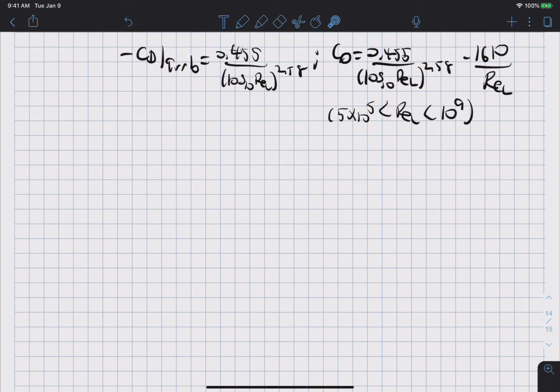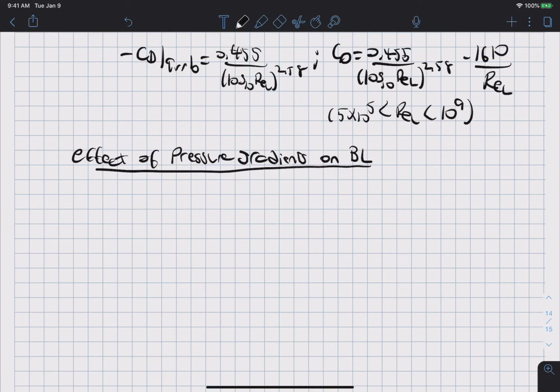there are lots of things that affect boundary layers, and I'll just go over one of them, and that's the effect of pressure gradients on a boundary layer. And for this purposes, it does not matter whether it is laminar or turbulent.